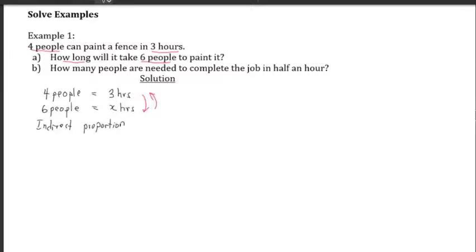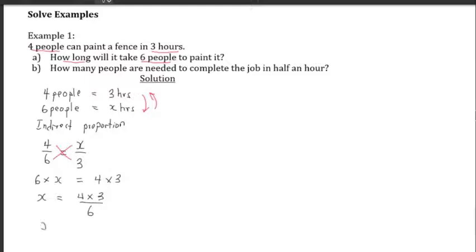So since I've indicated that it is an indirect proportion, I'll maintain the ratio for the people, which is 4 out of 6, will be equal to x out of 3. So I have x over 3. So now I can do my cross multiplication and then go ahead and solve it. So I have 6 times x is equal to 4 times 3. When I divide both sides by 6, I'm going to get x is equal to 4 times 3 all over 6.